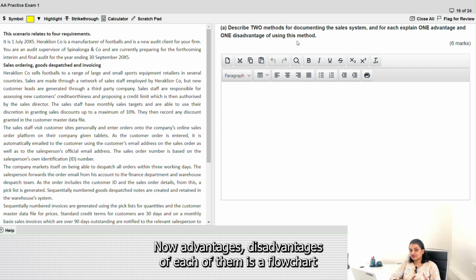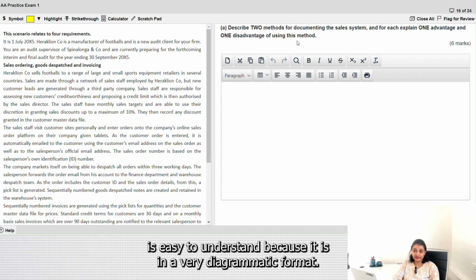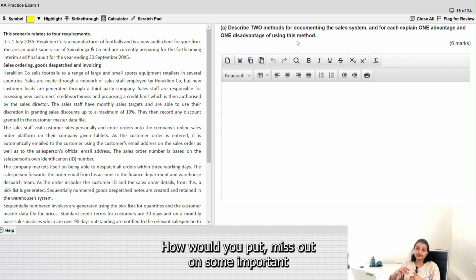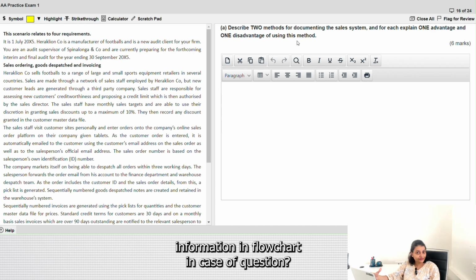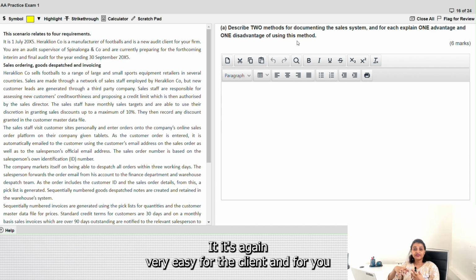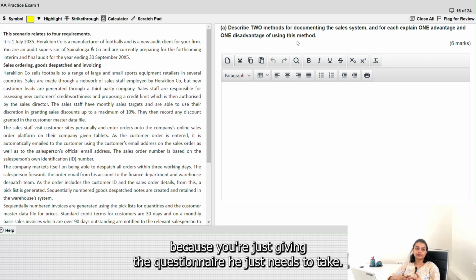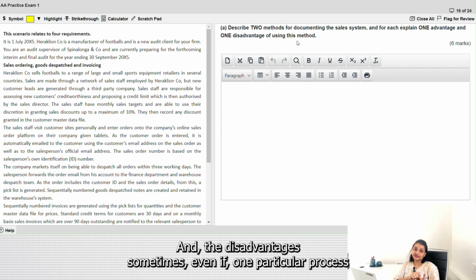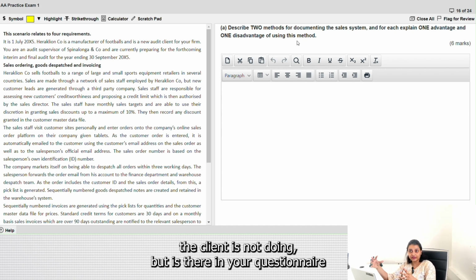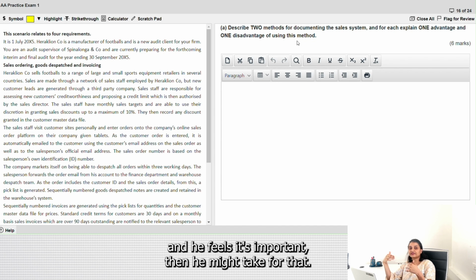Now advantages and disadvantages of each of them: a flow chart is easy to understand because it is in a very diagrammatic format. However, you could miss out on some important information in a flow chart. In case of a questionnaire, it's again very easy for the client and for you, because you're just giving the questionnaire, he just needs to tick. And the disadvantage is sometimes even if one particular process the client is not doing but is there in your questionnaire and he feels it's important, then he might tick for that.